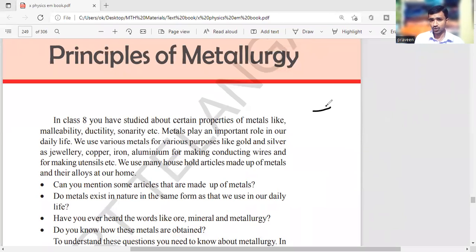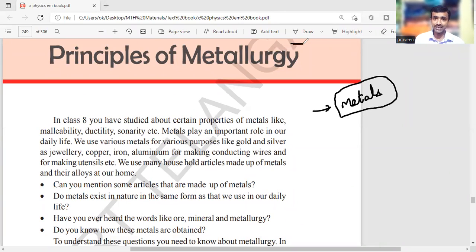But here, do you know how those metals are obtained or produced? We don't know. So now we are going to learn about that production and manufacture, how we obtain metals, in this chapter.